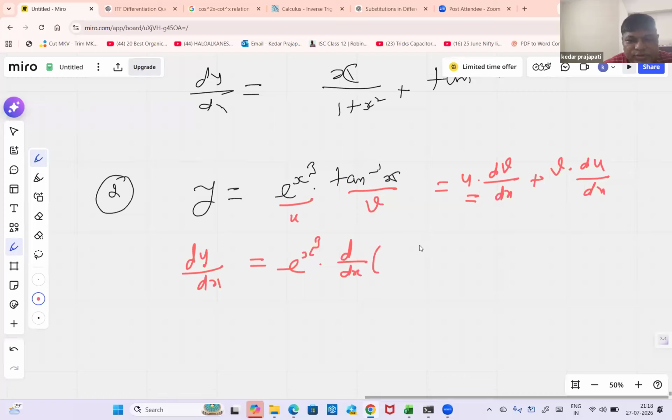V is tan inverse x, plus v, which is tan inverse x, then d by dx of e to power x cube.